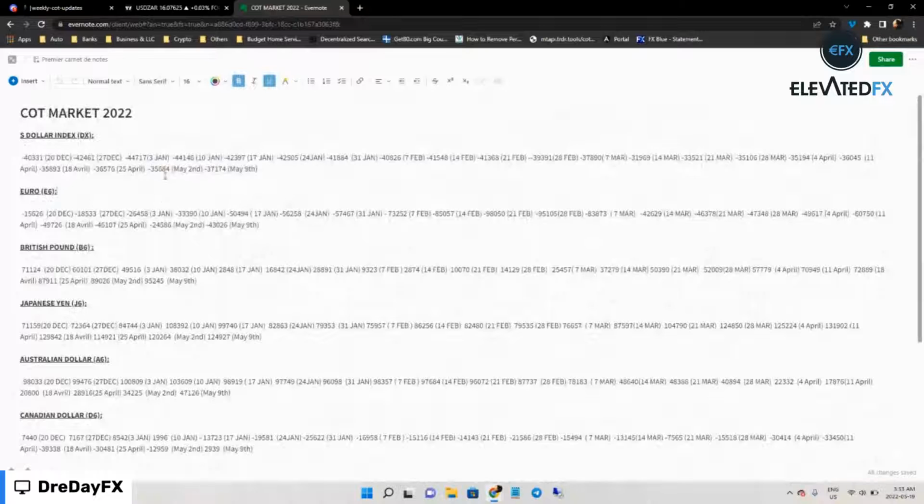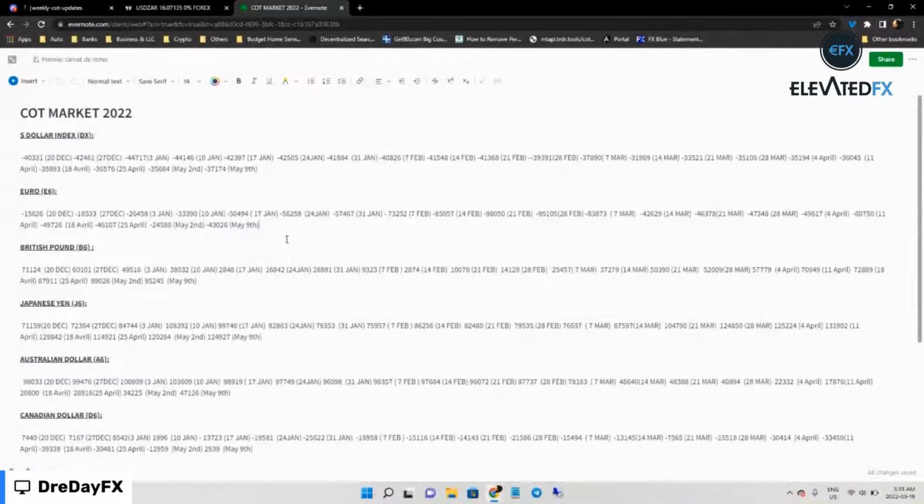But what I look at is the actual difference. Okay, so this is a difference of around 2,000 contracts, but this one is a big difference. This one is almost 19,000 in difference. So I take note of it.